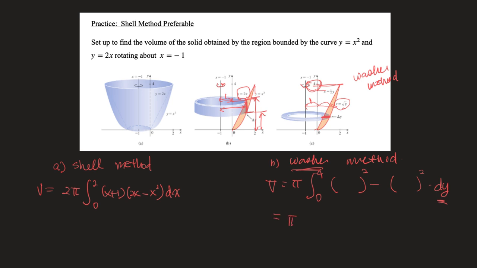So this one is pi times the integral from 0 to 4 of (1 plus square root of y) squared. The shorter radius is this one. This is 1, and this is going to be 0.5y. So minus (1 plus 0.5y) squared dy.